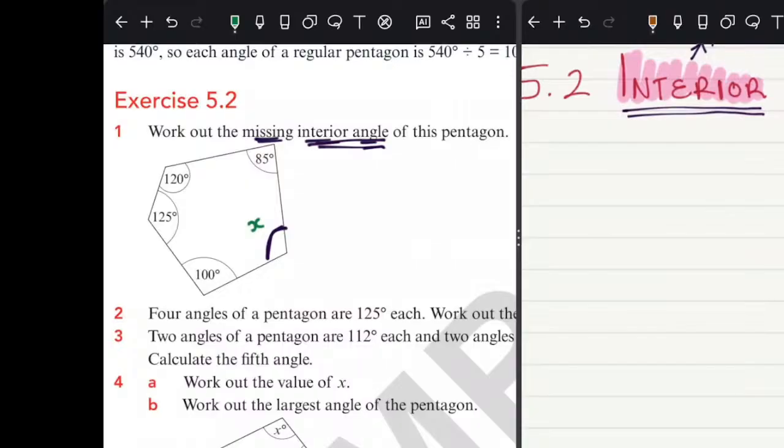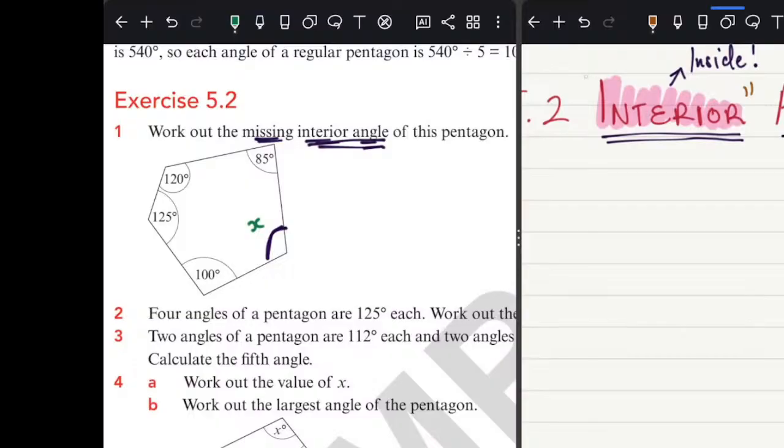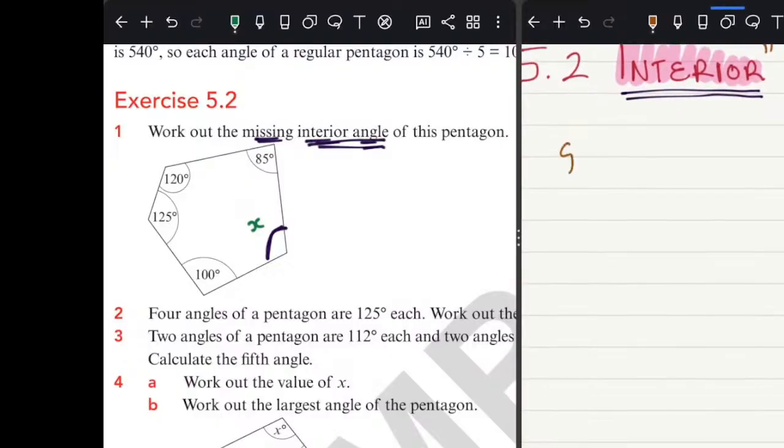I don't care what the question is saying. As long as it's asking about an inside angle, then you have to use the formula. What formula should I use? The formula is the sum of interior angles. The sum of inside angles. When we say the sum, it means you add.